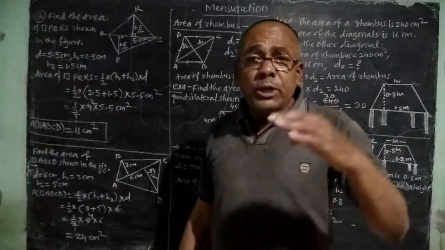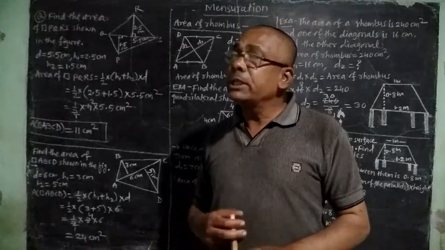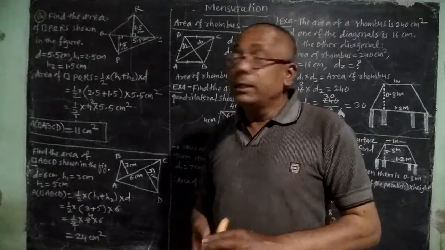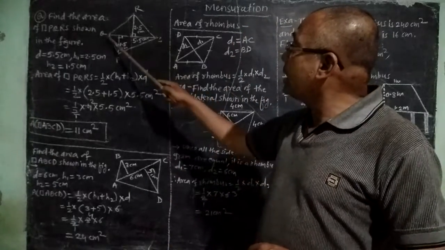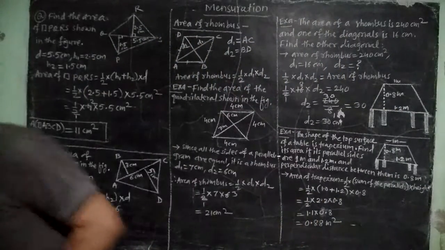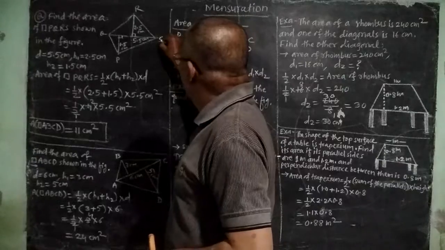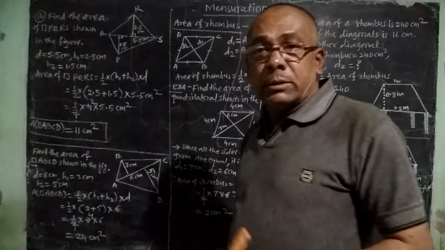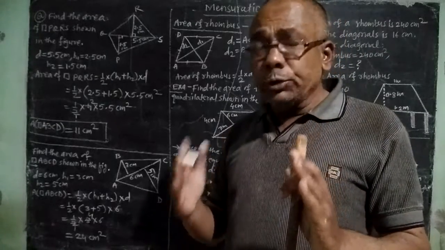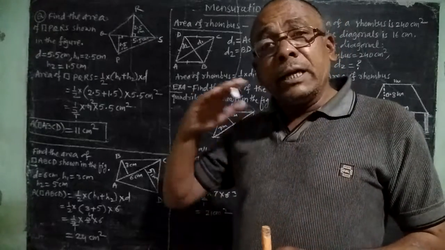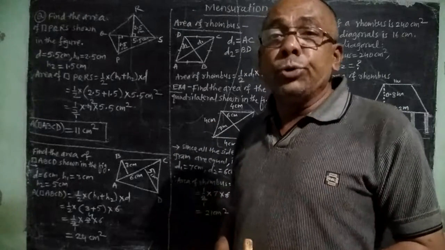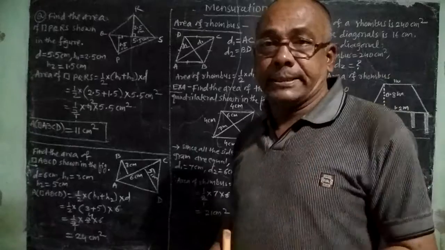Now if we join the opposite vertices of this quadrilateral, then we get a diagonal. Here Q and S are the two opposite vertices which are joined by a segment, and therefore here QS is the diagonal of the quadrilateral. Due to this diagonal, the quadrilateral is divided into two triangles having common base.